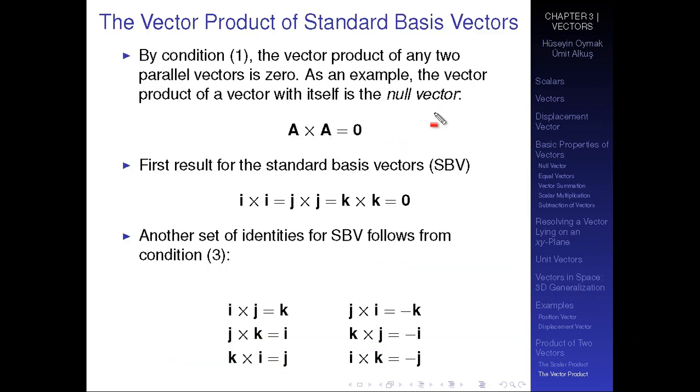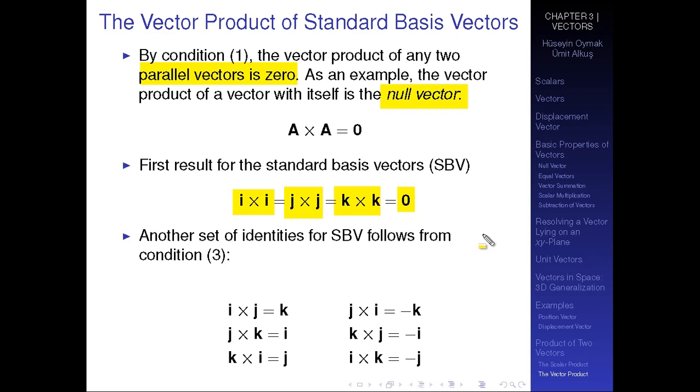It immediately follows from condition 1 that the vector product of any two parallel vectors is 0. This leads to the conclusion that the vector product of a vector with itself is the null vector. Now we can write this conclusion for the standard basis vectors as i × i, j × j, and k × k equal to the null vector.